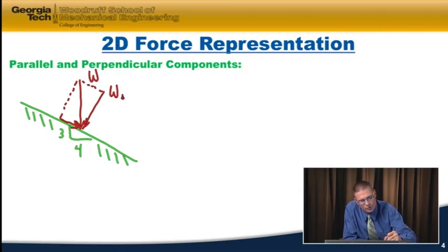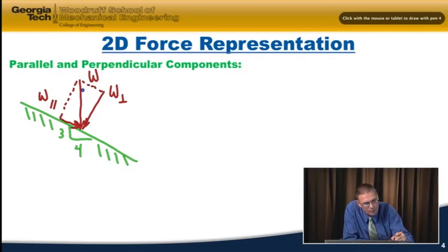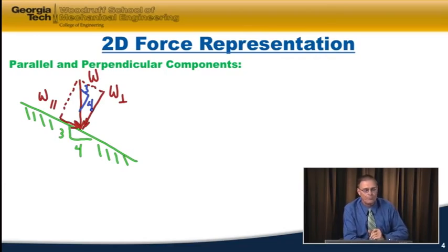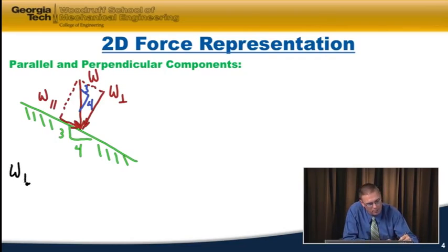So I'm going to label this W sub perpendicular with a perpendicular symbol, and this will be W parallel with a parallel symbol. And you should be able to show by geometry that I can express this as 3 on 4 for our slope. And so if I want to now find the perpendicular component, the perpendicular side corresponds to the 4 side of the 3, 4, 5 triangle.